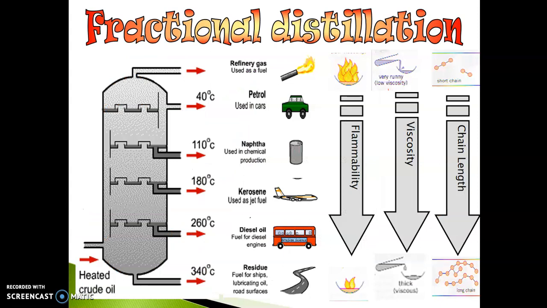And there's another representation of it showing the different properties. So the more flammable, smaller molecules are collected at the top of the tower, and down at the bottom there is very low flammability in those big molecules. Likewise, the very runny, in fact still gas, is collected at the top, much thinner fractions nearer the top, down to very, very thick, very viscous fractions collected at the bottom with the high boiling points.